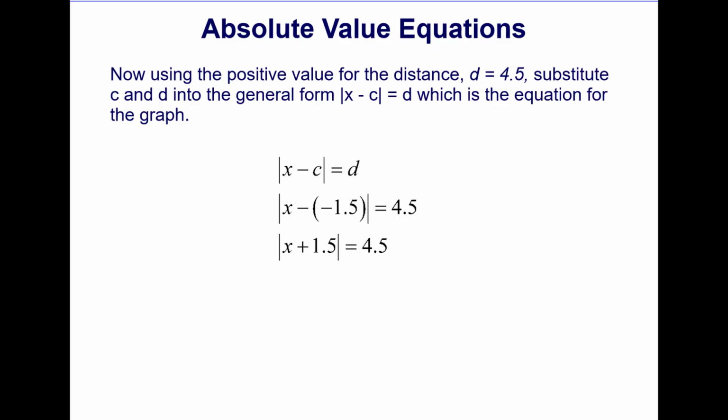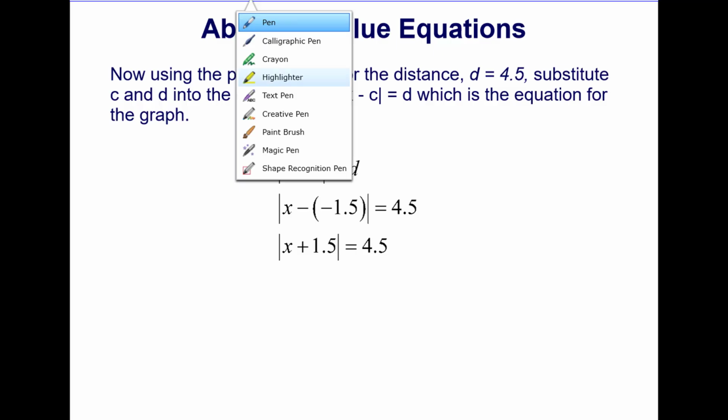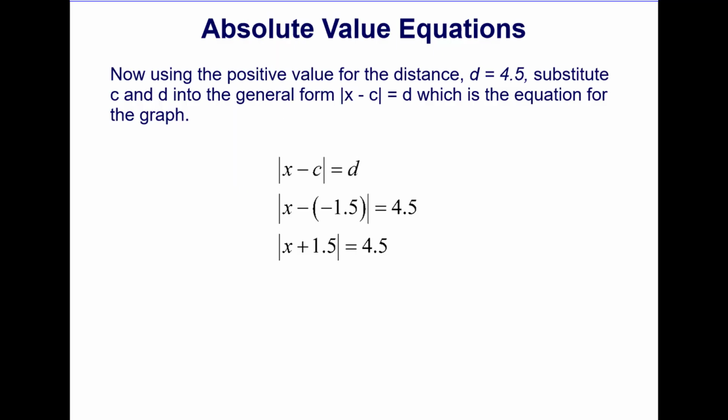Using the positive value for the distance, d is equal to 4.5, substitute c and d into the general form, absolute value of x minus c is equal to d, which is the equation for the graph. Now remember, c is equal to center and d represents the distance. This is an important formula for you to know.